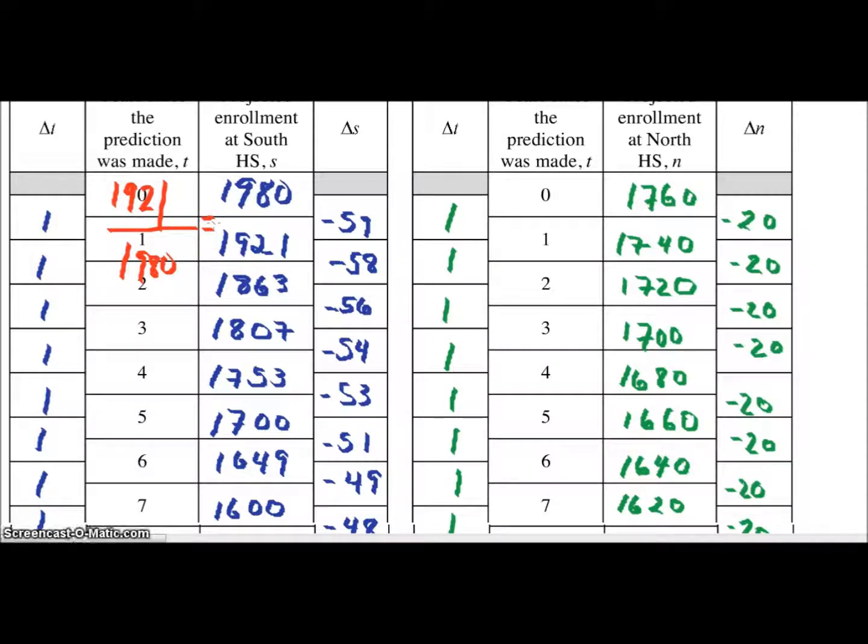What do you get? You should get 97%. If you take any of these values and divide them, you'll always get the same ratio, because remember, we just multiplied by 0.97 each time to get the next number. So we can find that decay factor by just taking the ratio of consecutive values.